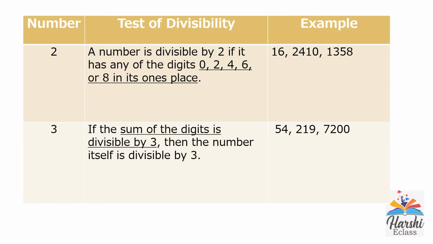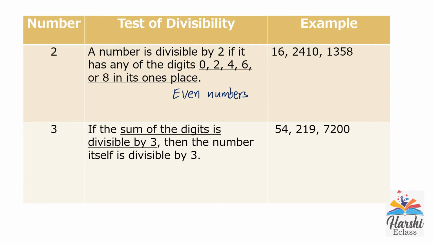The numbers which are ending with 0, 2, 4, 6, 8 are called even numbers. That means all the even numbers are completely divisible by 2.